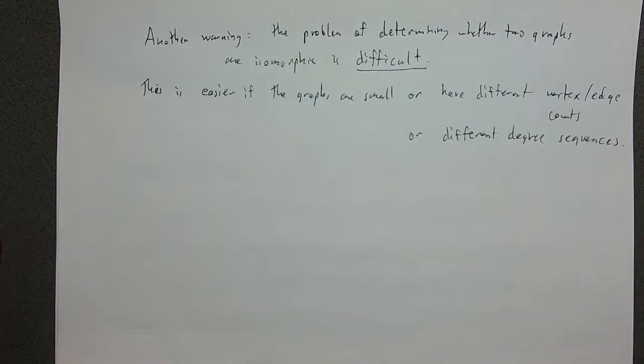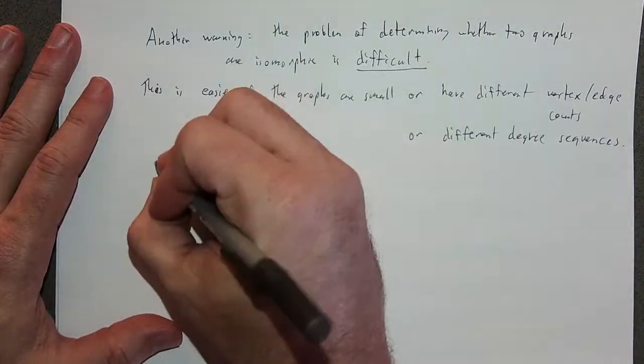That's easy. If they have different degree sequences, that's easy. If the graphs are small, then it is easier to see whether or not they are isomorphic. But once the graphs involved have a vertex count that's large enough, this becomes a very hard problem in complete generality. So there are some other strategies here. So what are the other strategies maybe?